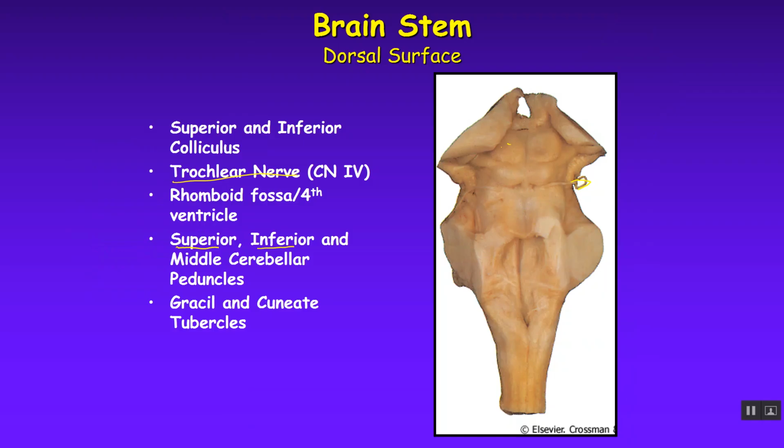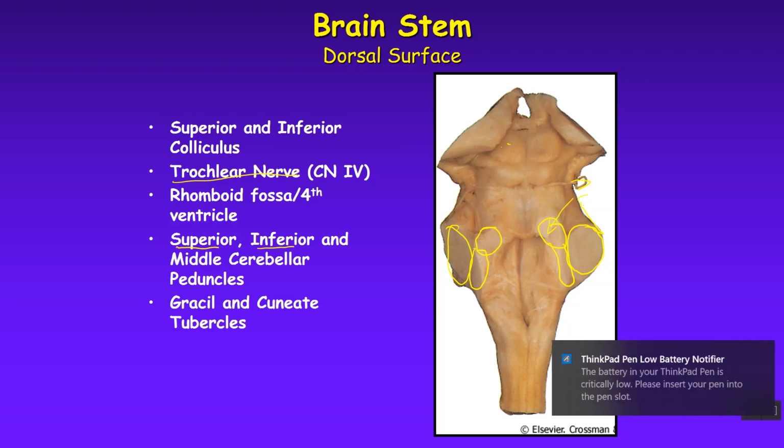And they are this area right here, here, and here. And on this side, it's this, this, and this. When you cut the cerebellum off, if you angle the cuts just right, you'd end up dividing it into 3 separate parts or connecting areas. So this is the superior cerebellar peduncle.